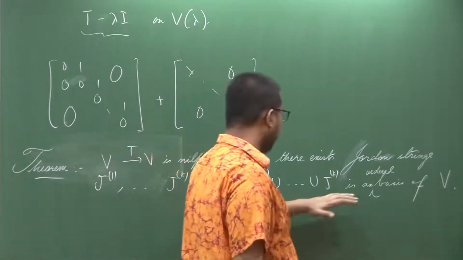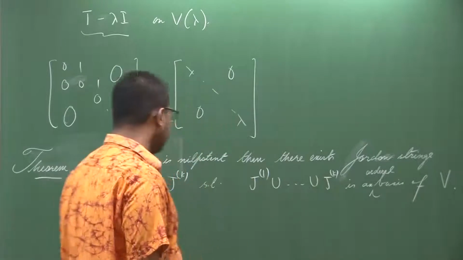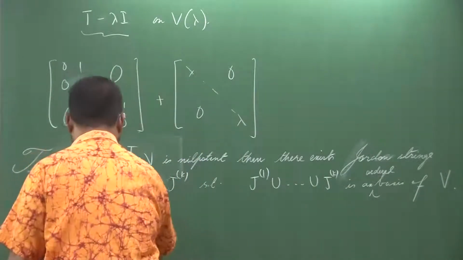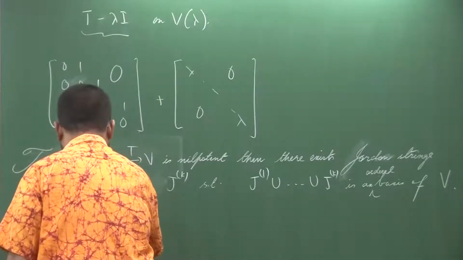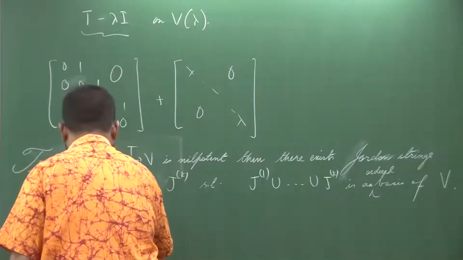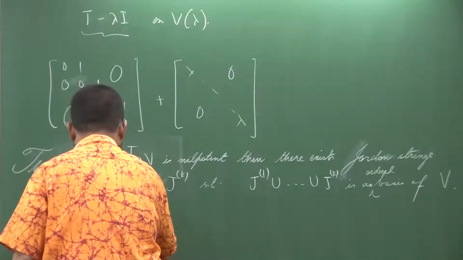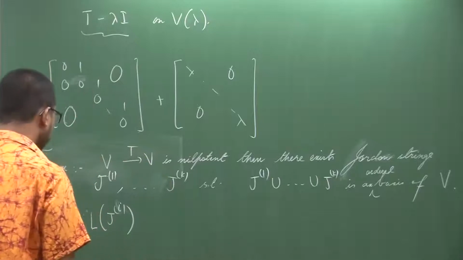And what will we achieve after proving this? This follows if we denote by Wi the linear span of the ith Jordan string.